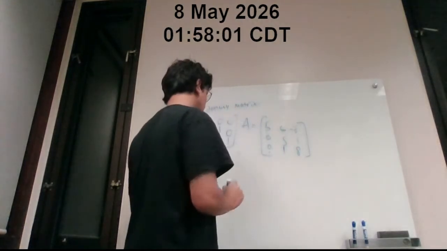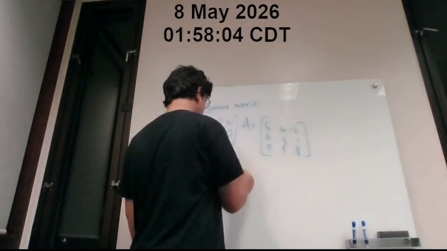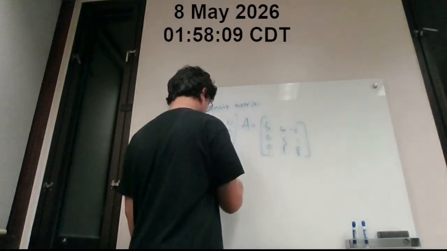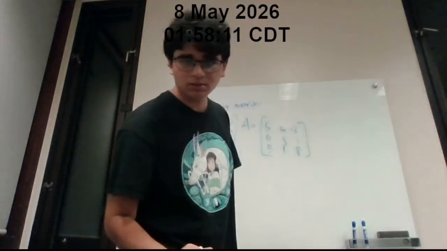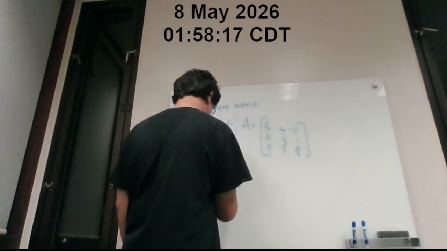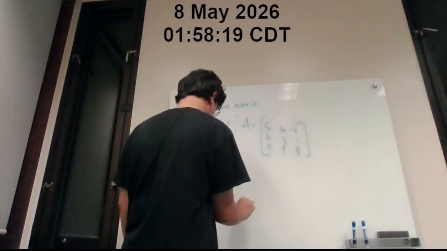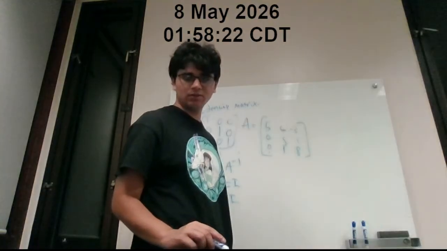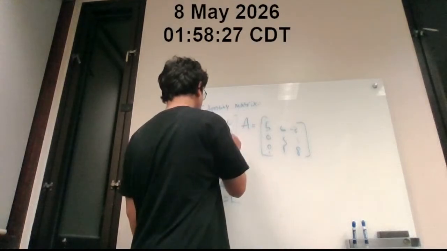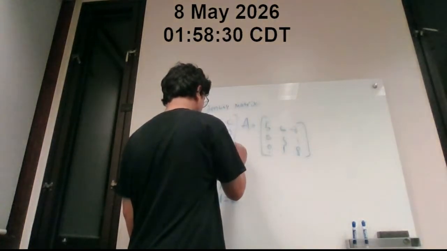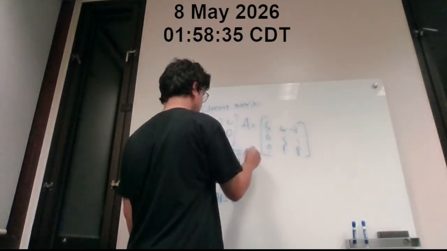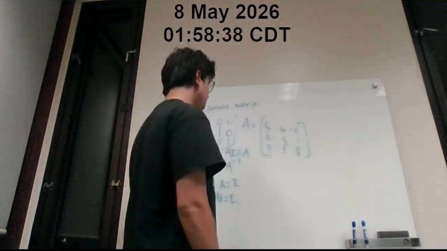So this is A. Now, how do we find A inverse? Well, you set A equal to the identity because A times B gives you the identity. And another thing about the identity matrix is that any matrix times the identity matrix yields the same matrix. That's how it works.